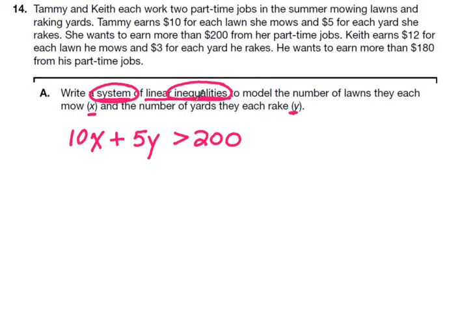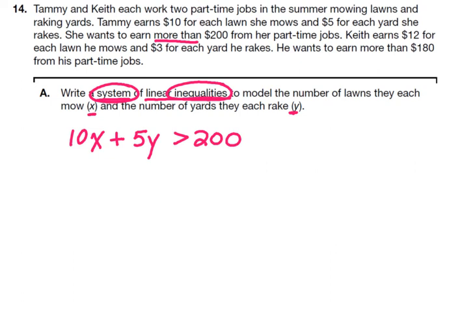That's what the phrase "at least" implies. But this says more than $200, so earning exactly $200 won't cut it. We need the symbol greater than 200, because the exact wording is more than 200.